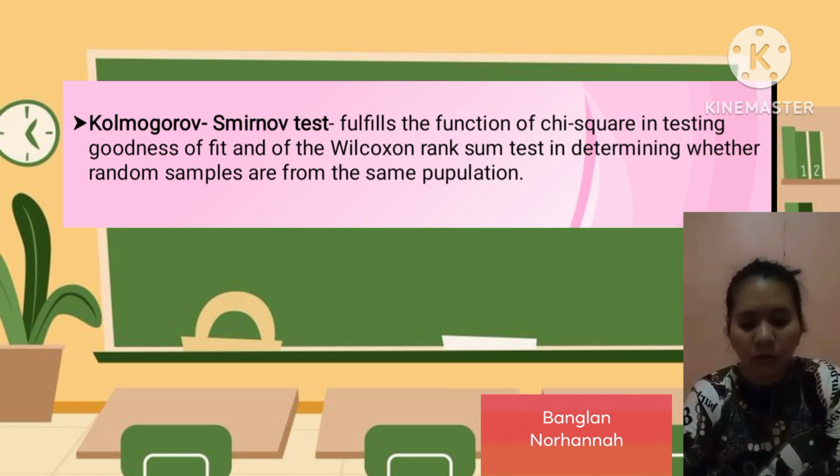The Kolmogorov-Smirnov test can be used in two main ways. One sample Kolmogorov-Smirnov test: this test compares a single sample to a reference probability distribution. It determines whether the sample follows the same distribution as the reference distribution.